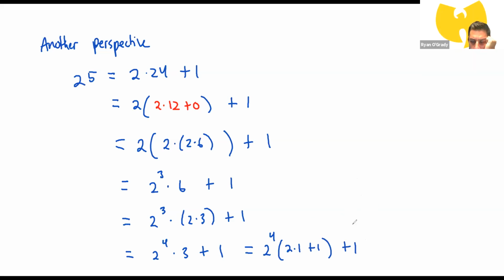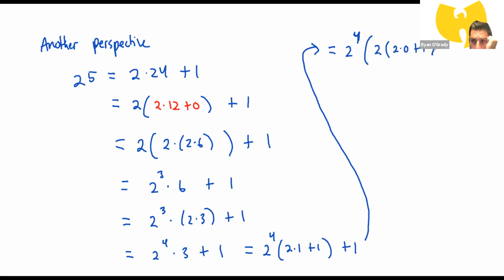Now, what I did before is I took this 2 to the 4th and I distributed it. But let's go one more step. Let's think about what we did on the previous page. Now I'm going to, and it might seem silly, write this 1. What is 1? Another way of writing 1 is 2 times 0 plus 1.